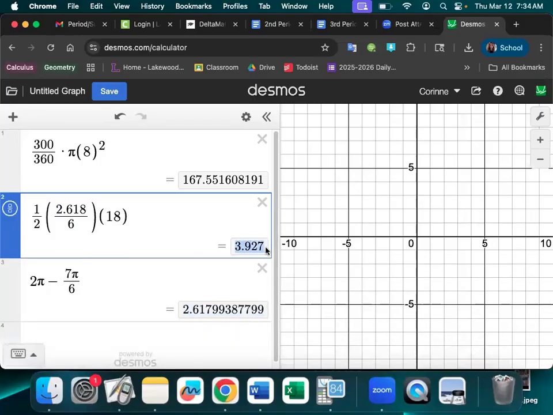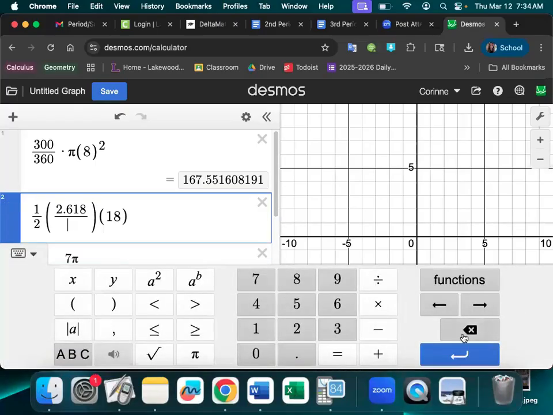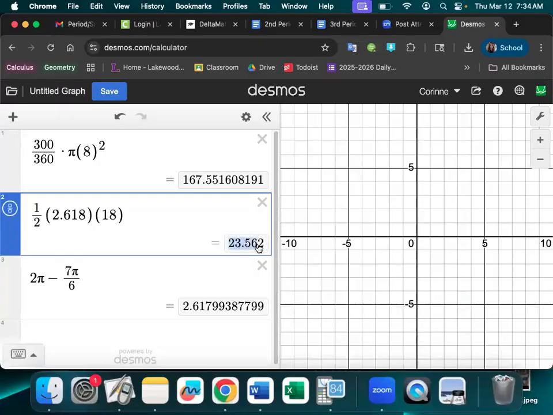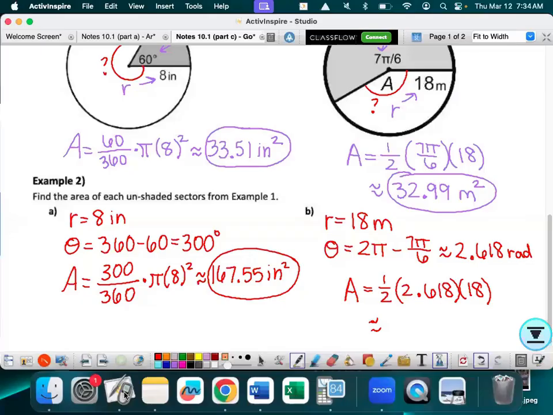I'm just going to take it to all 3 decimal places. Oh, wait, I did not mean to divide by 6. I forgot to take that away. Okay, so 23.562, or if you just want to take it to the same 2 decimal places that we've been doing the whole time, you could just do 23.56. What are the units going to be? Again, same as last time, meters squared.